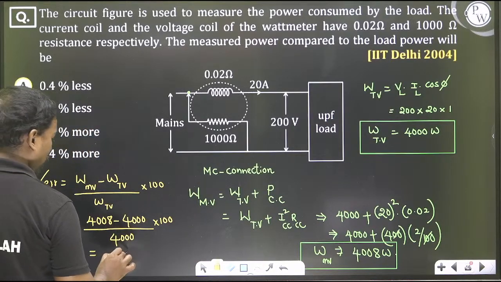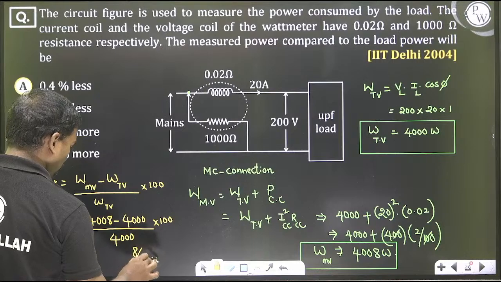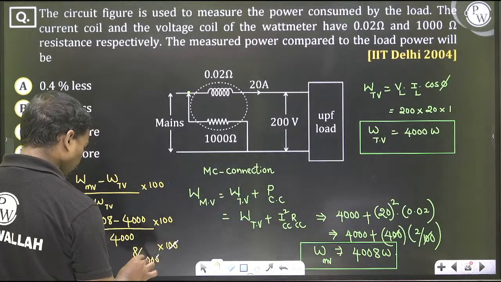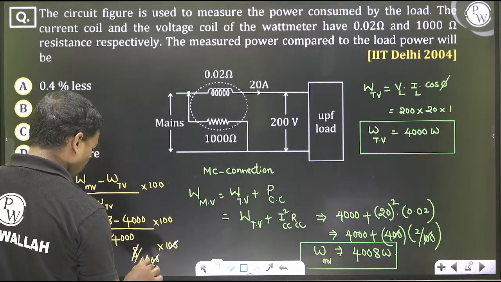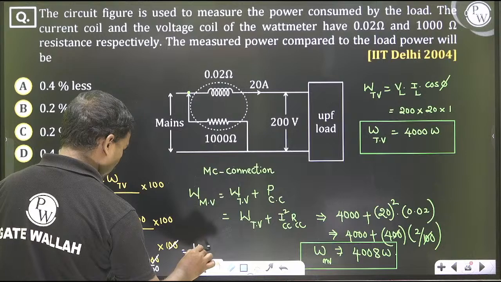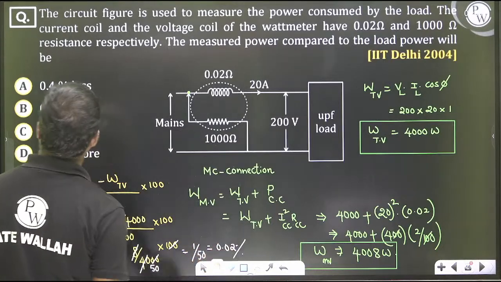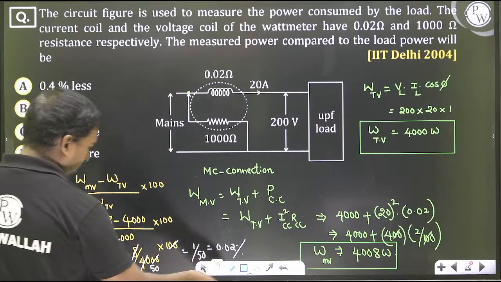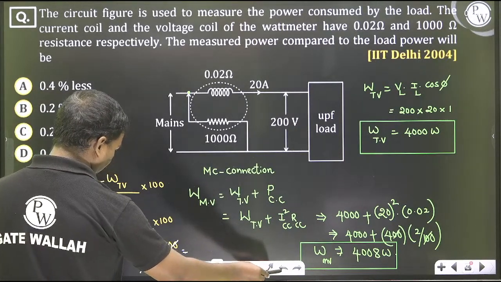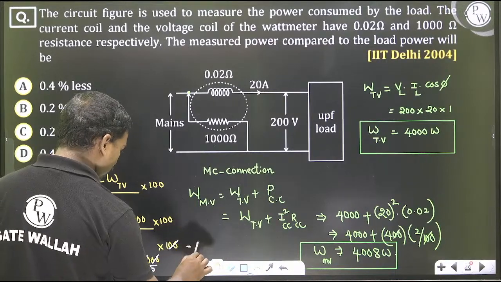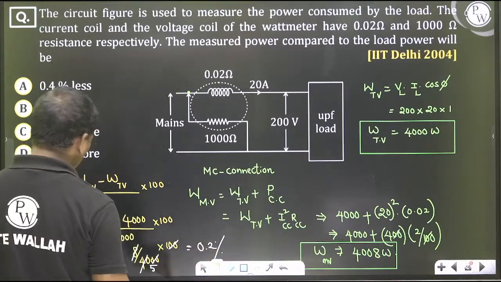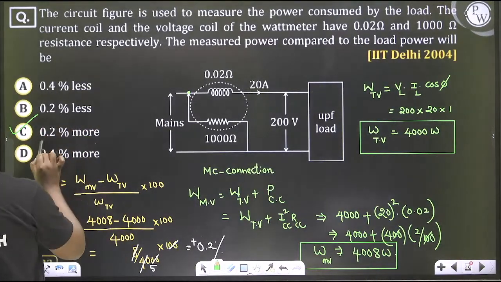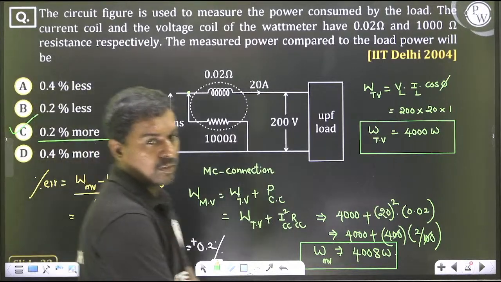So 8 by 4000 into 100. Sorry, 0.2%. Positive or negative? Positive. 0.2% more. That is the right answer.